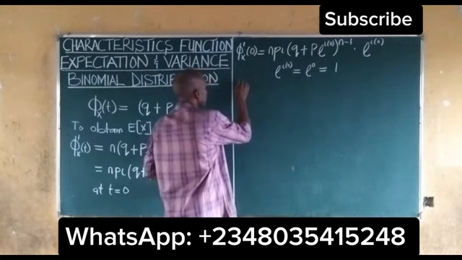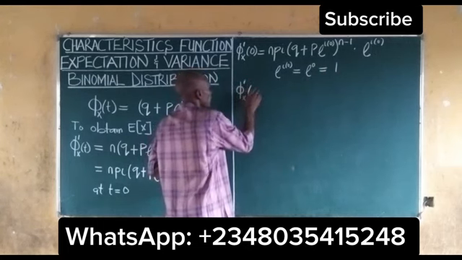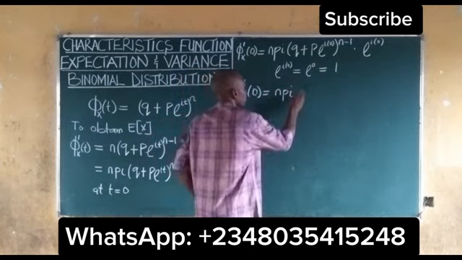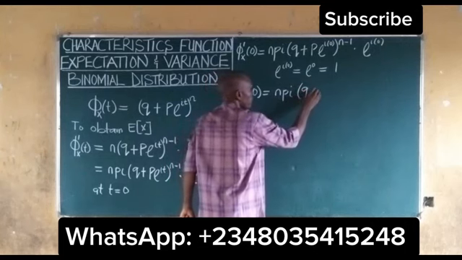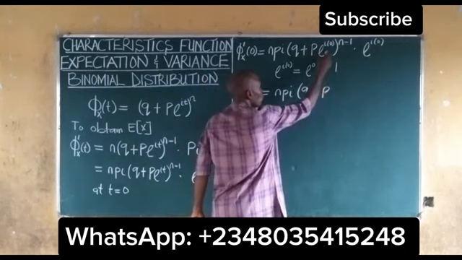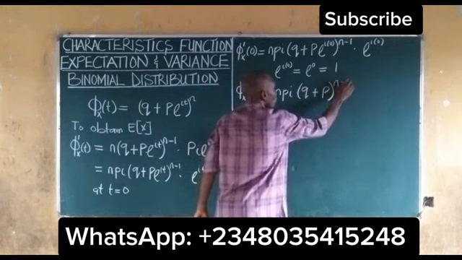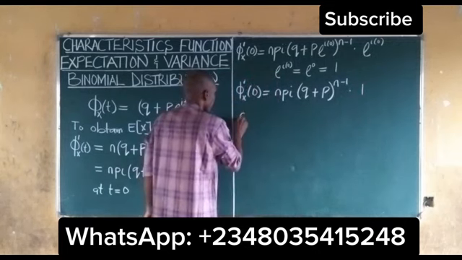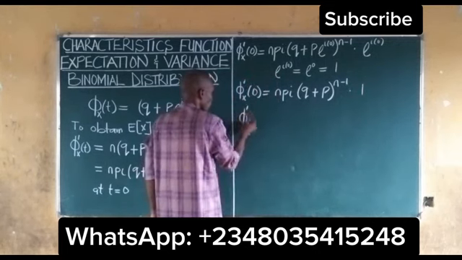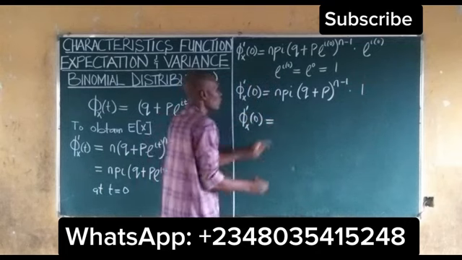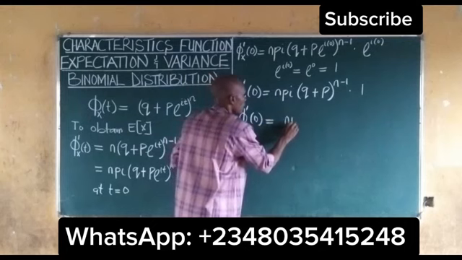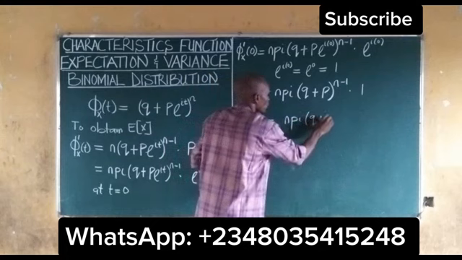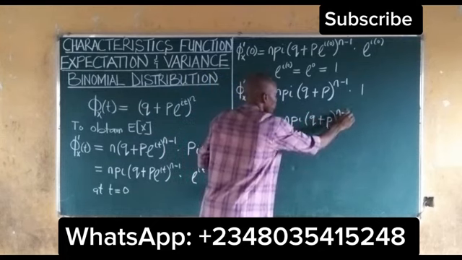So we have that our derivative at t equal to 0 is equal to n p i into (q + p) raised to n minus 1, multiplied by 1.